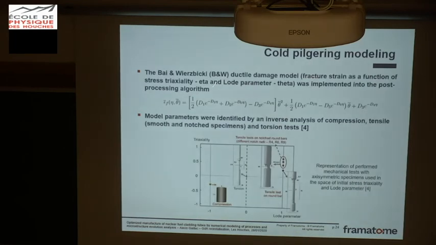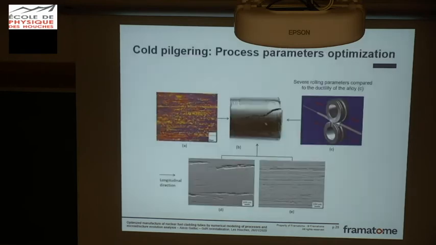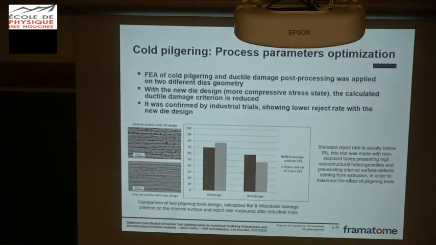We apply some ductile damage models on this. For example, here it's a nice model, but for this we need several tests in order to identify the parameters. And at the end, we are able, for example, for a new die design, to reduce the ductile damage during the cold rolling process.